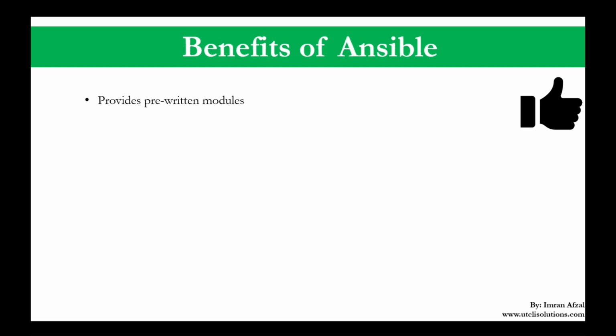Most of the tasks that we do in a Linux environment or even Windows environment, we have pre-written modules for them. It's very easy to learn, of course. Now, remember, as long as you have a good instructor, I will make sure that you learn everything about Ansible in this entire course.